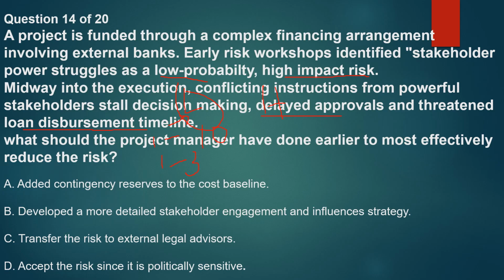And high impact means that if there is a power struggle, it is going to have a high impact on the project. So at this point, you say 8 to 10.